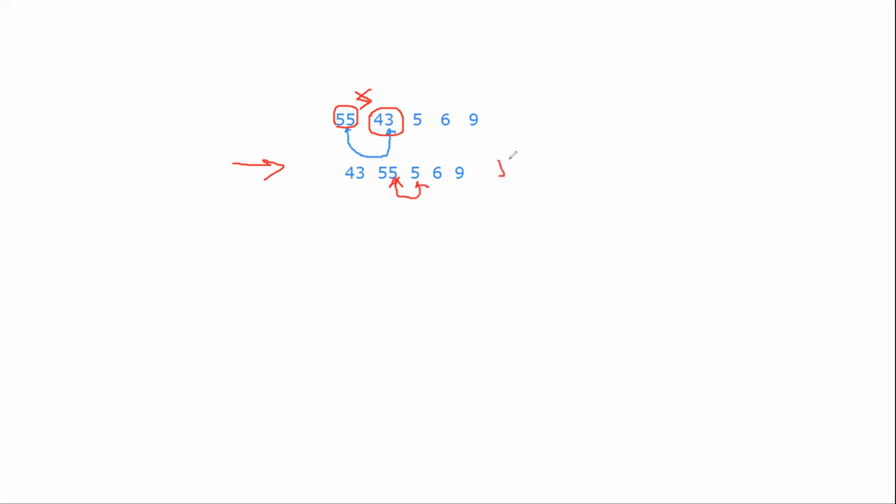Since 55 is greater than 5, exchange these two elements. So new list is 43, 5, 55, 6 and 9.